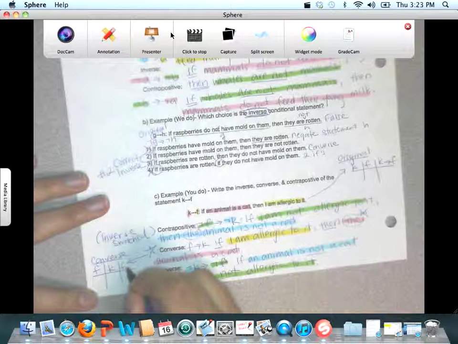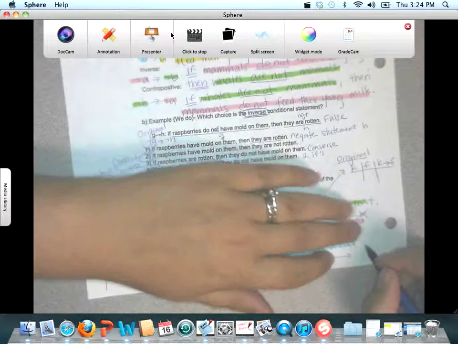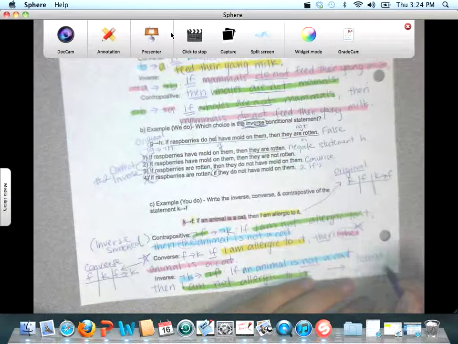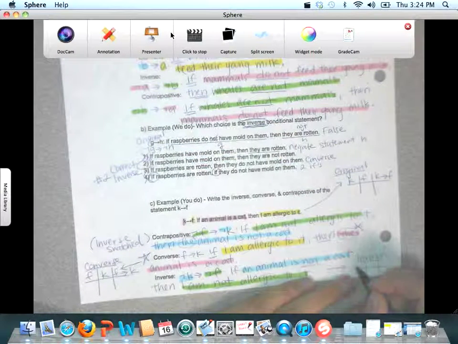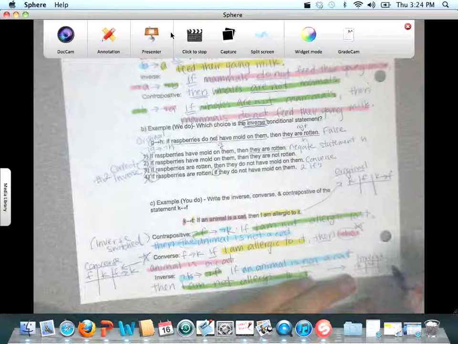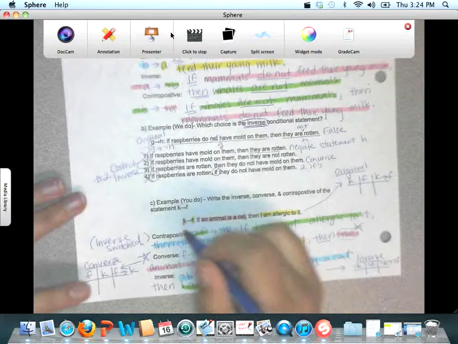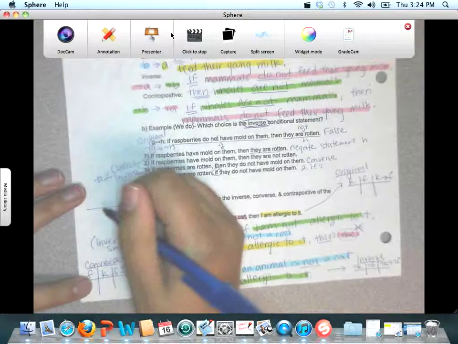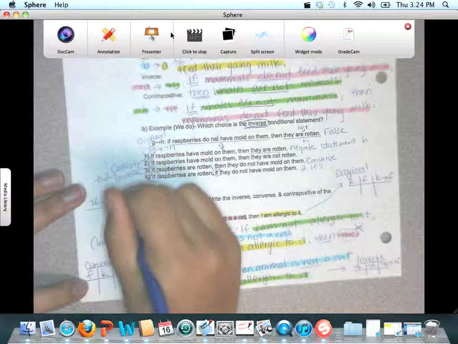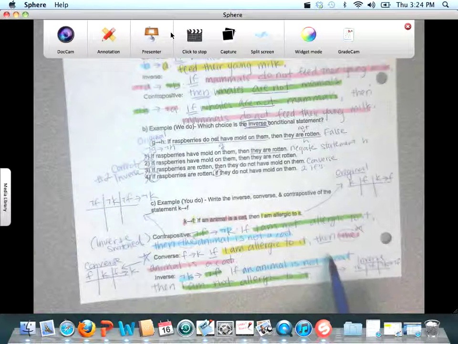And it goes if F, then K. The inverse one, okay, still has 3 columns, but you have not K in the first column, not F in the second column, and if not K, then not F. And to end it all, the contrapositive would be not F, not K, if not F, then not K. So those are the 4 versions.